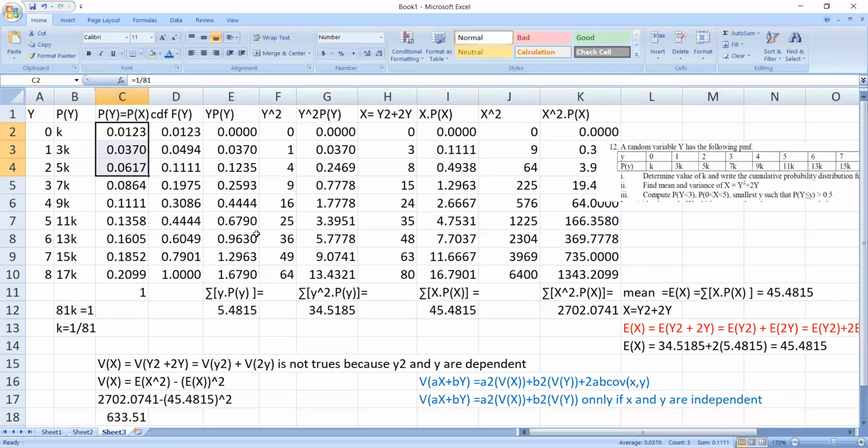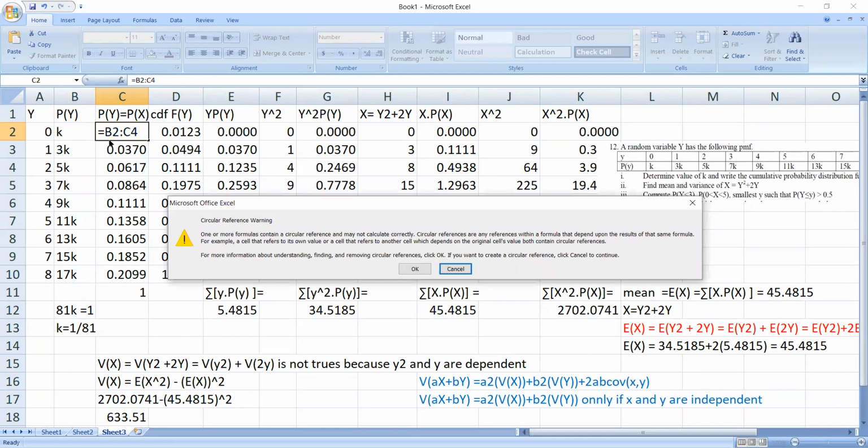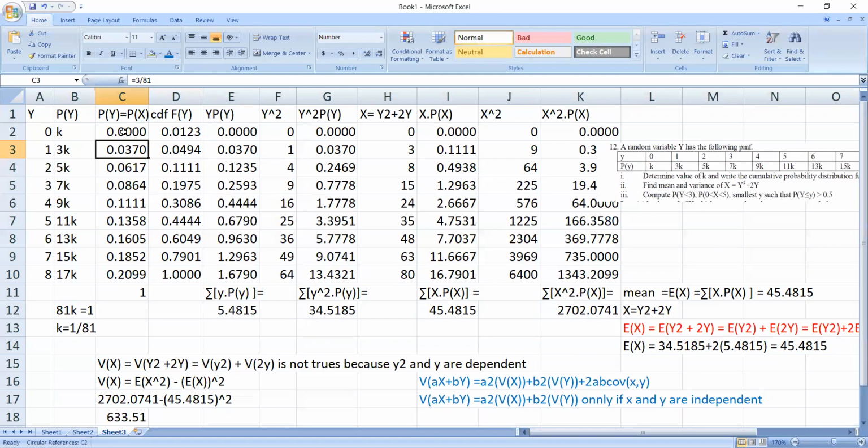When it says less than 3, it is 0, 1 and 2, so the probability of P of y less than 3 should be 0.1111.